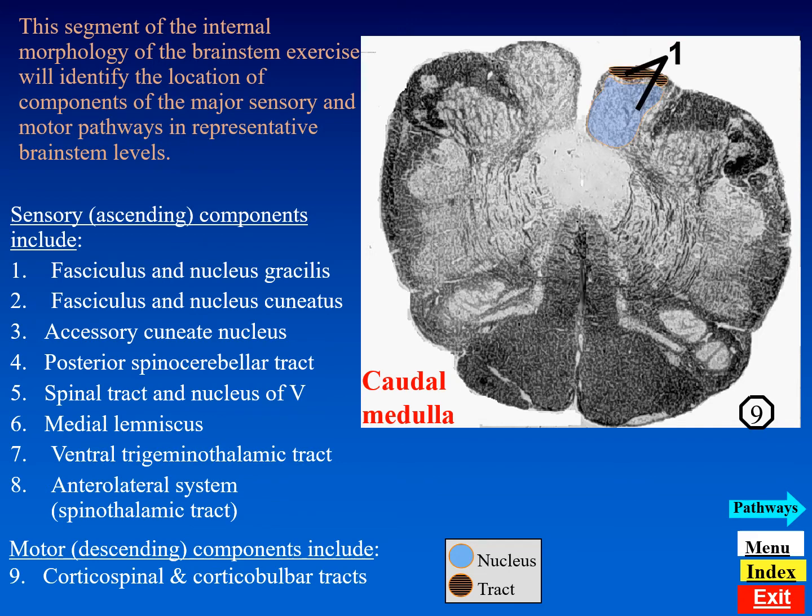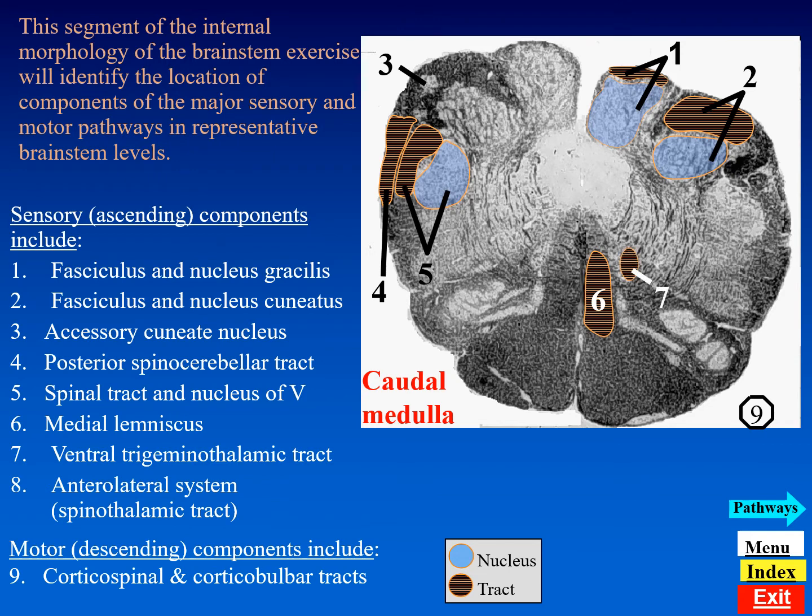So we have a fasciculus gracilis and its corresponding nucleus, fasciculus cuneatus and its nucleus, an accessory cuneate nucleus, posterior spinocerebellar tract, the spinal tract and nucleus of 5, the medial lemniscus, and the ventral trigeminothalamic tract, the spinothalamic tract or anterior lateral system, and the corticospinal tract.